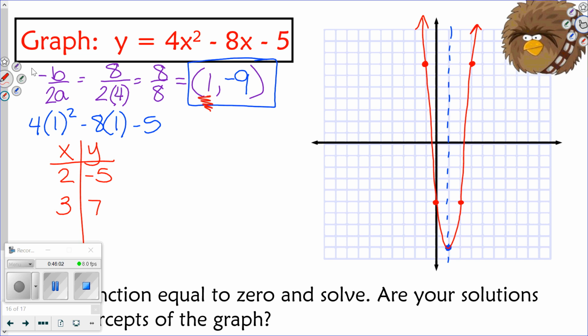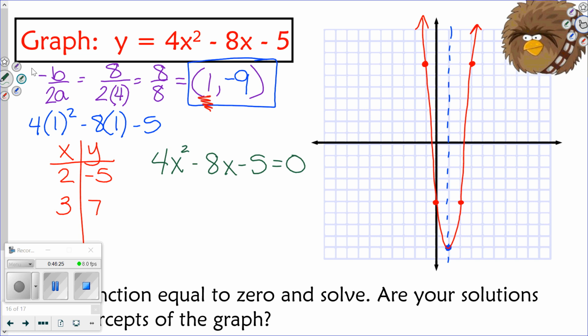So if I ask you then to solve 4x squared minus 8x minus 5 equals 0, what method do I know I cannot use? I can't use the square root method because there's a b term. So do we think it factors? Look at your graph. Do you think it factors? Maybe, like, it's not really crossing it very nicely.